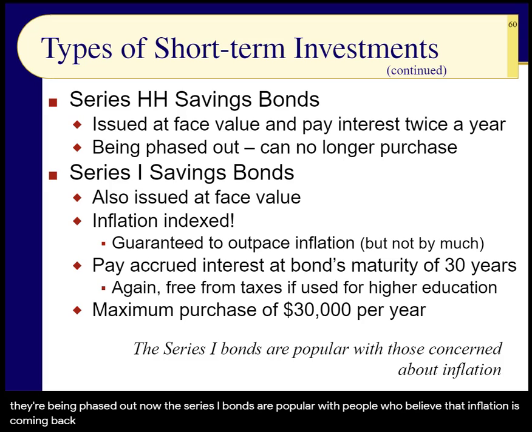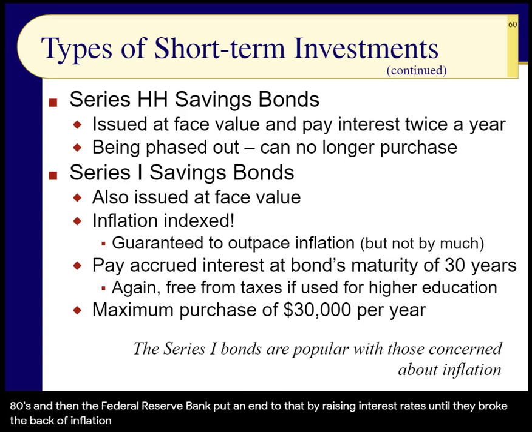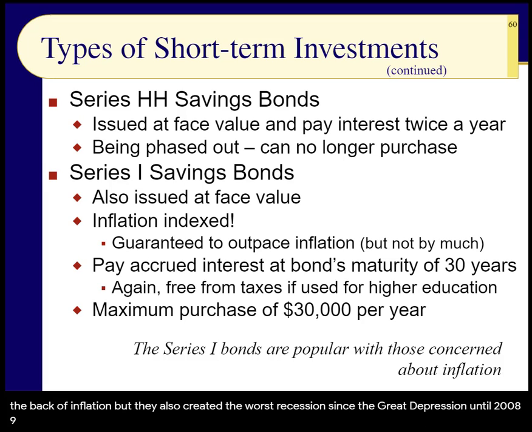They've been saying that inflation has been coming back for the last 20, 30 years, because it raged in the late 70s and early 80s, and then the Federal Reserve Bank put an end to that by raising interest rates until they broke the back of inflation, but they also created the worst recession since the Great Depression until 2008 and 9. So these things are inflation indexed. So they're guaranteed to outpace inflation. Yippee! But not by much.